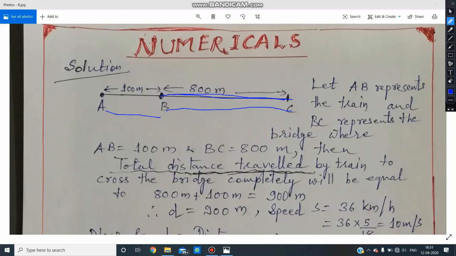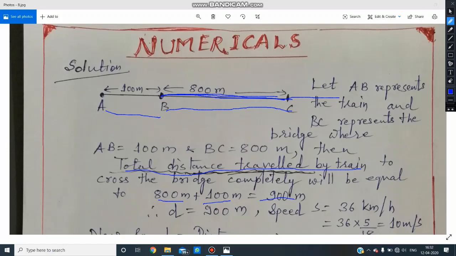So for doing that, the train will be covering 800 meter plus its own length 100 meter, and then the complete bridge will be covered. In that way we can understand the total distance traveled by the train while crossing the bridge will be equal to 800 meter plus 100 meter, which is equal to 900 meter.